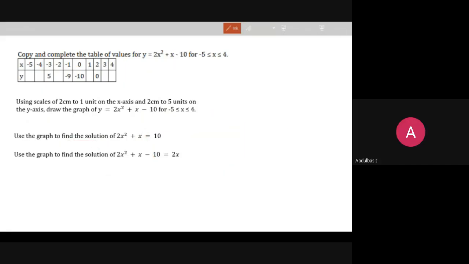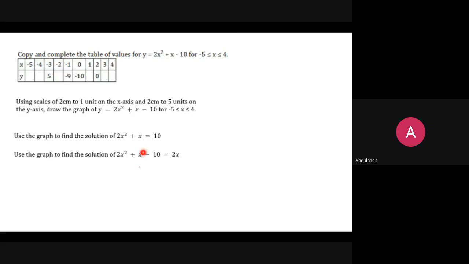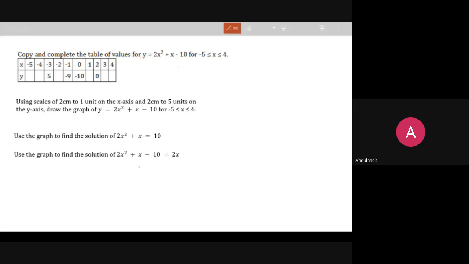Then the next part of the question says use the graph again, find the solution of this. Now if you compare this with what you have, what does that mean? Exactly, you have 2x squared plus x minus 10 minus 10. So what does that tell you? Y is exactly 2x. But the graph of y equals 2x is a straight line. It's a straight line.